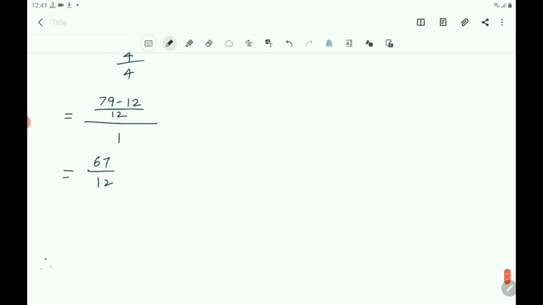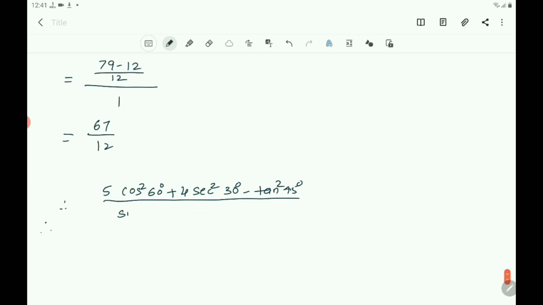Therefore, 5 cos square 60 degree plus 4 secant square 30 degree minus tan square 45 degree, whole divided by sin square 30 degree plus cos square 30 degree equals 67 by 12.